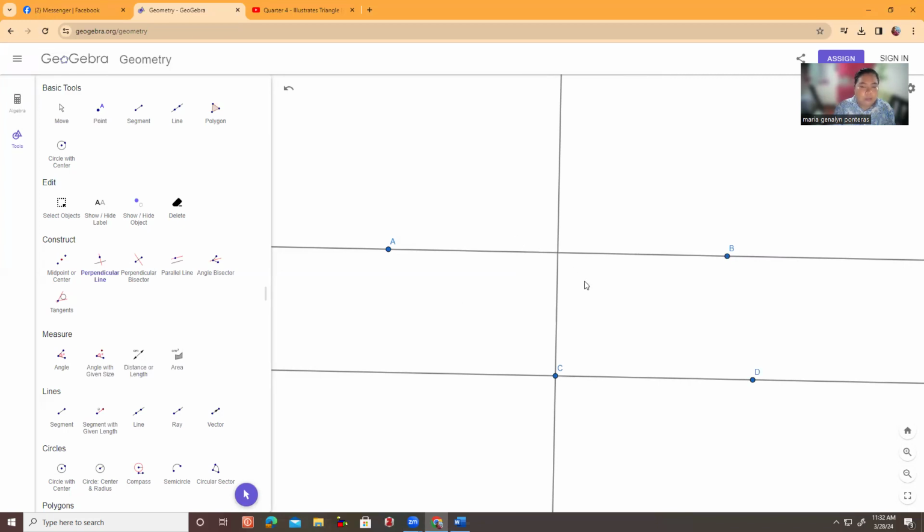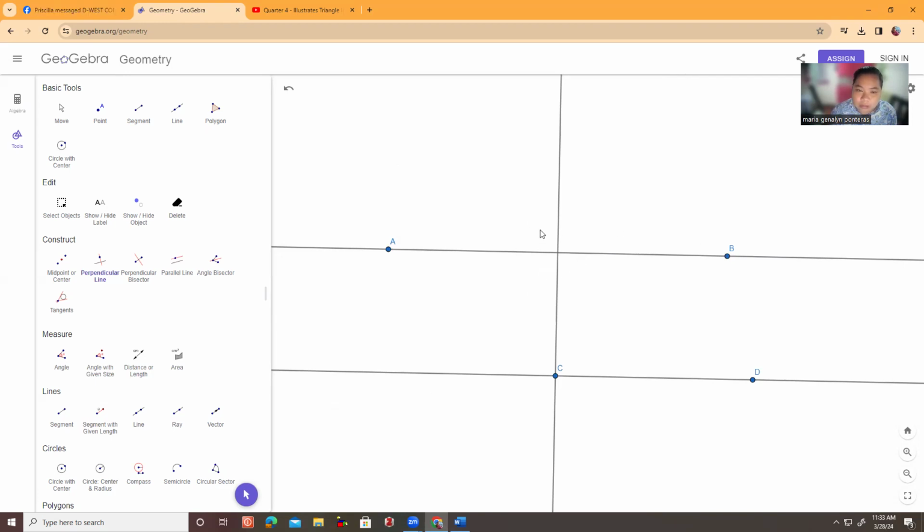So what I want you to do is apply the properties of angle pairs in parallel lines cut by a transversal, and apply also the proof that we have in perpendicular lines. So this will be your investigation. It depends on how you're going to do it. If you want to do the advanced one, like using GeoGebra, it's up to you.